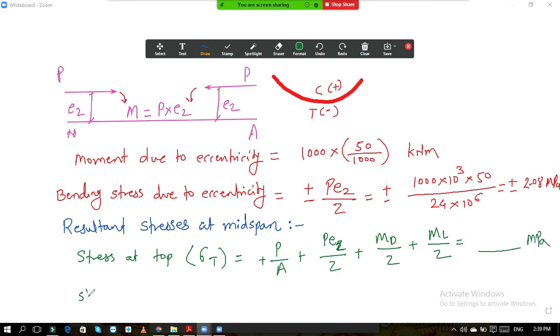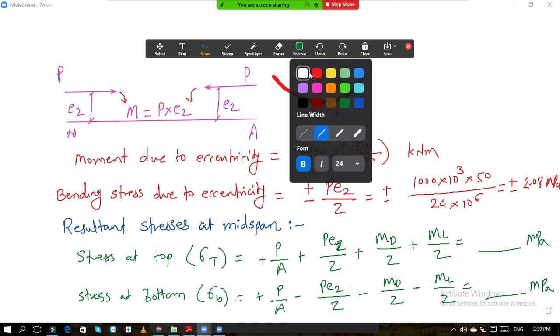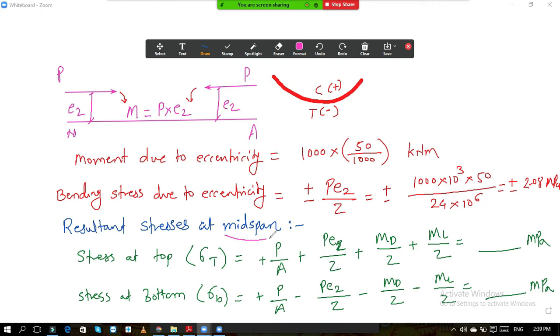Similarly, stress at bottom, sigma b is equal to plus P by A, minus P E2 by Z, minus Md by Z, minus Ml by Z. Again you will get the answer in Newton per mm square, megapascal. Okay, so remember, these are the stresses for this portion, midspan.